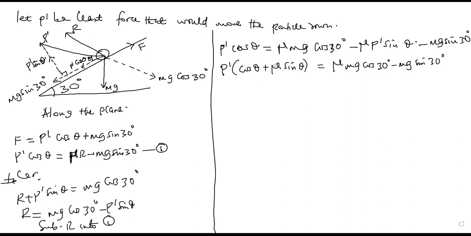You know what mu is equal to? You substitute for mu as sine lambda over cos lambda, then you multiply.